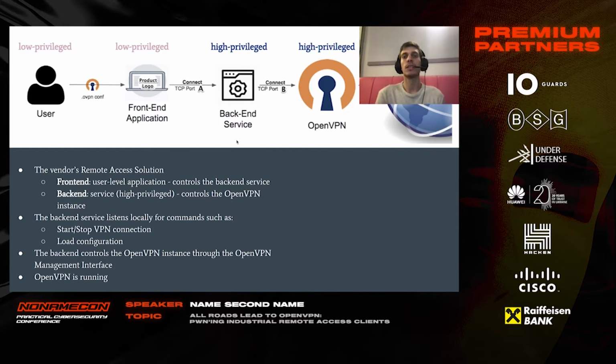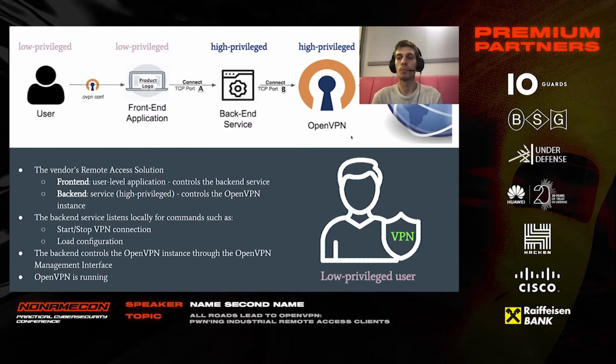Since it is the one that starts the OpenVPN process, it can control it using the management interface, and that's how a low privileged user can start the entire chain, just because of this cool feature that allows OpenVPN to wait for commands. And now, of course, we have low privileged users that can start VPN services.